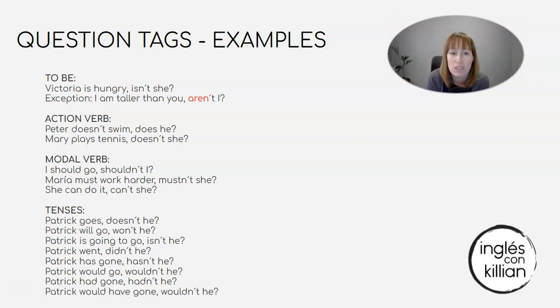Because the structure to be going to go, the auxiliary is to be. Patrick went, didn't he? Patrick has gone, hasn't he? Patrick would go, wouldn't he? Patrick had gone, past perfect. Hadn't he? And past conditional, Patrick would have gone, wouldn't he? Okay.